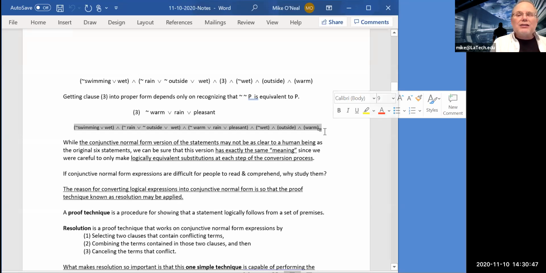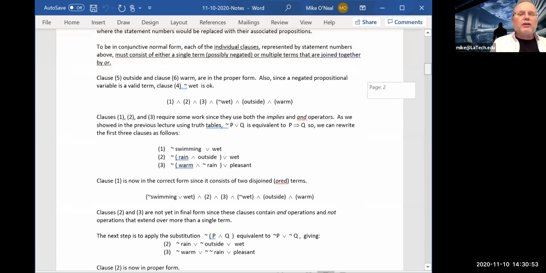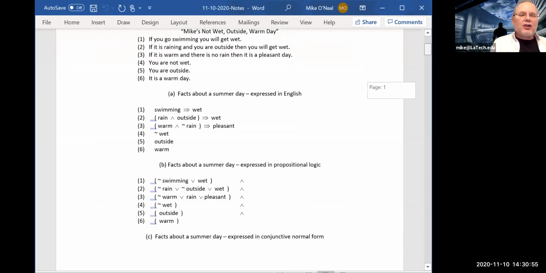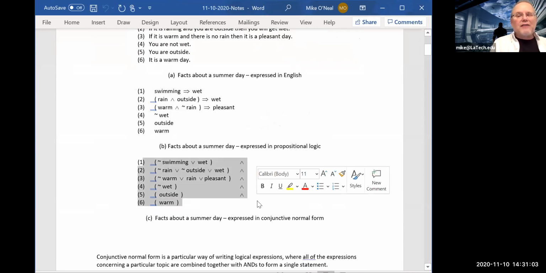I know that logically this statement is logically equivalent to saying that all 6 of these statements are true. This and this have to be the same. They have to mean the same thing because all we used were rules that we had already proven that you could use as substitutions.